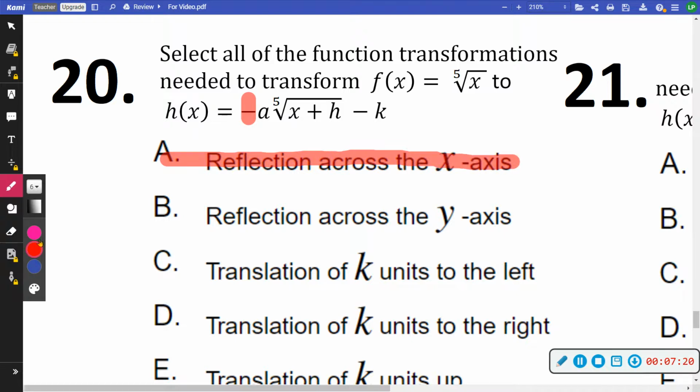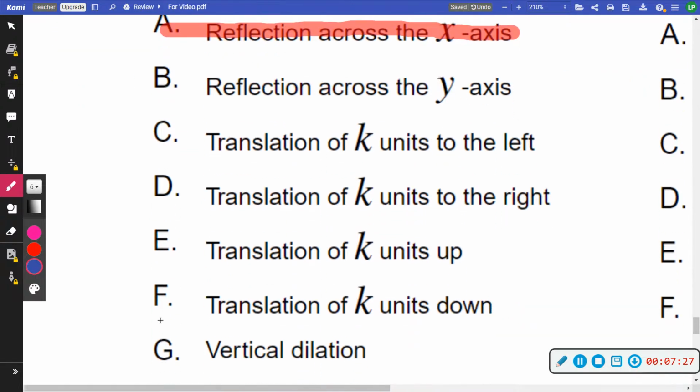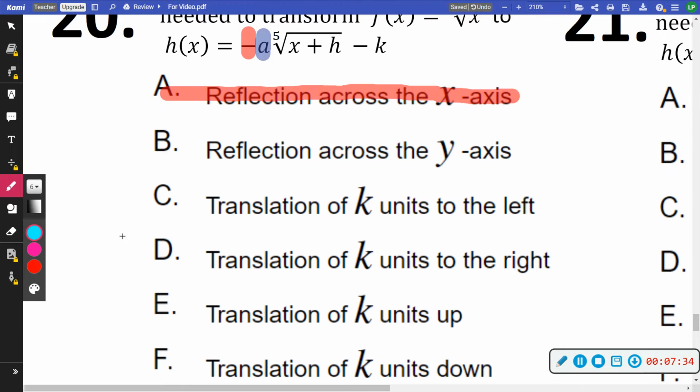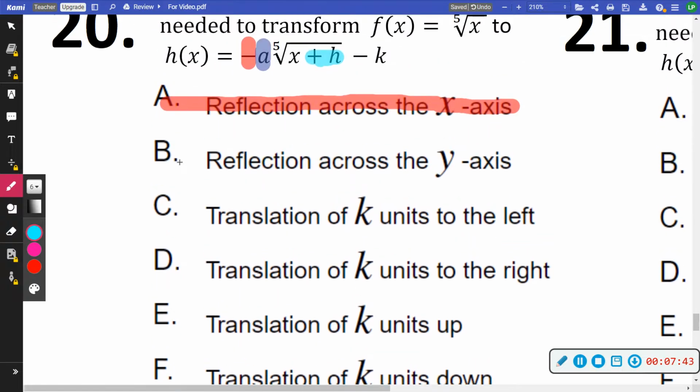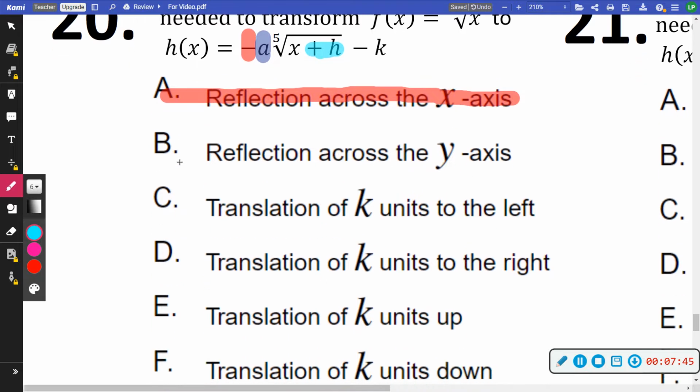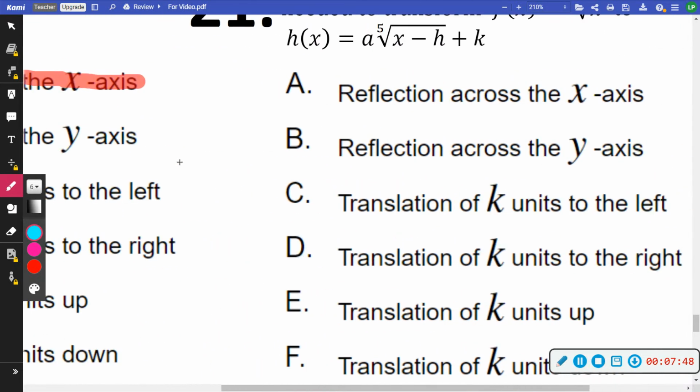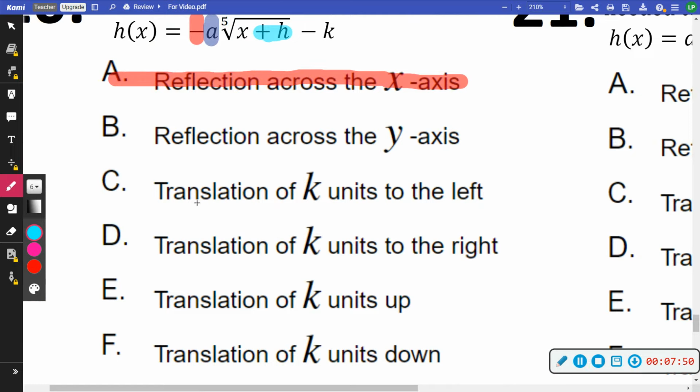Okay. Now we also have an a. Remember the number out front, that's what does the vertical dilations. This plus h. And I just noticed that I have a correction that needs made on here.